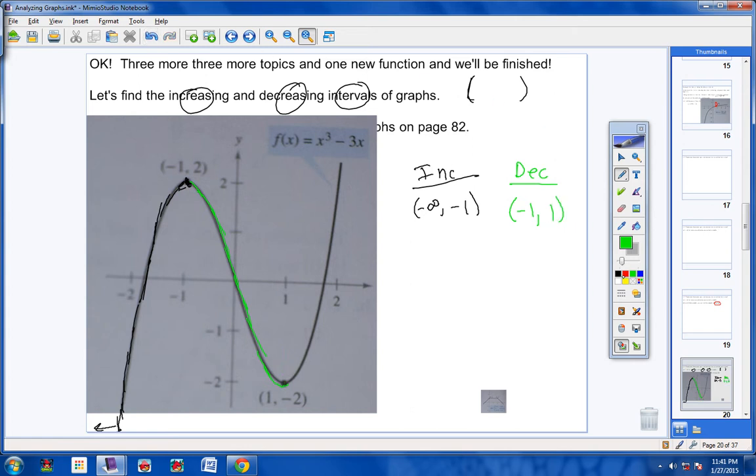And then from here up, it's increasing. Alright? So we have another increasing value. Now it starts here, which is equal to 1 on the x-axis. So it's increasing from 1 to infinity, because the graph is getting wider and wider as it goes up and up. So here's your increasing intervals. Here's your decreasing intervals. Okay, not too bad. Let's take a look at one more.